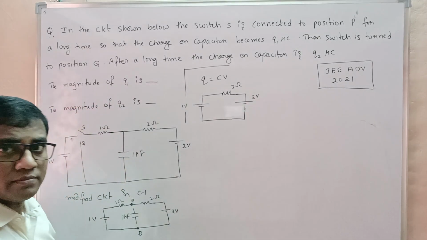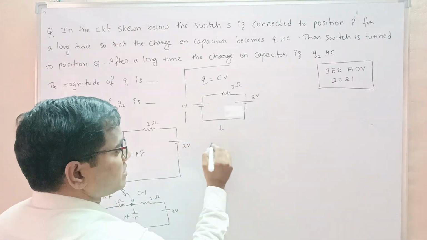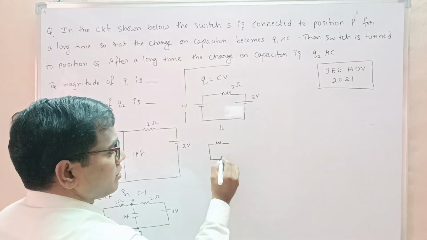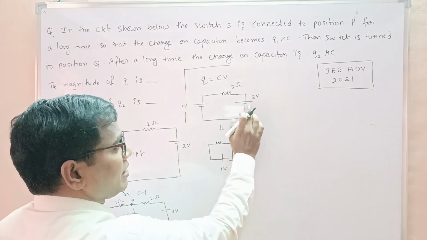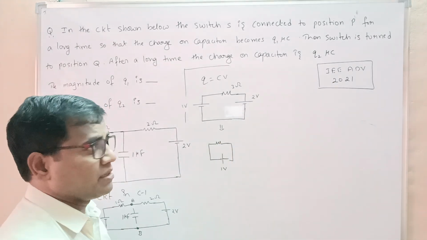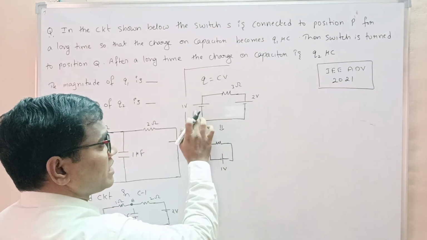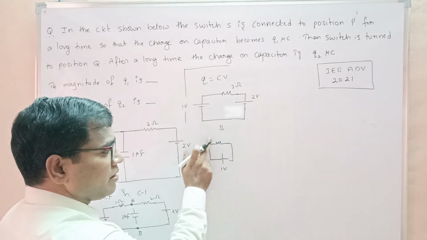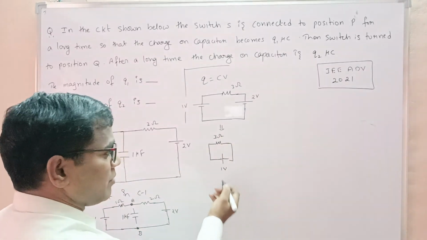Because this cell and this cell are reversely connected, the net EMF will be 2 minus 1 equal to 1. So in this circuit only one resistor of 3 ohm is there, and the potential is 1 volt.